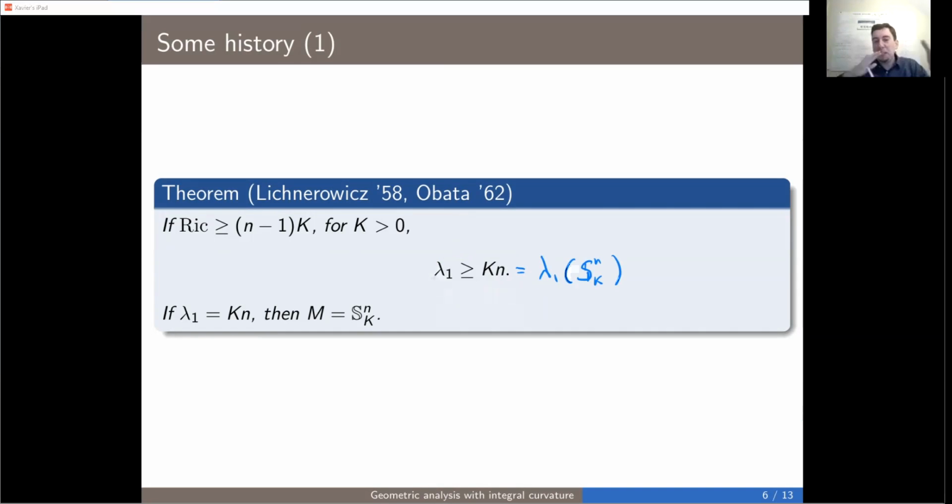So we see again this kind of comparison result: you assume that the Ricci curvature is bigger than the Ricci curvature of the sphere, and then it turns out that your lambda 1 has to be bigger than the one of the sphere.